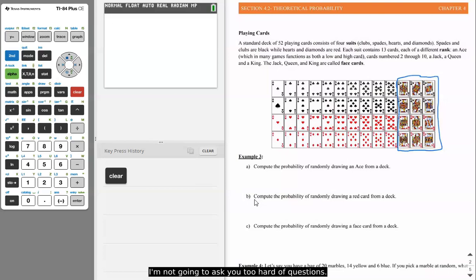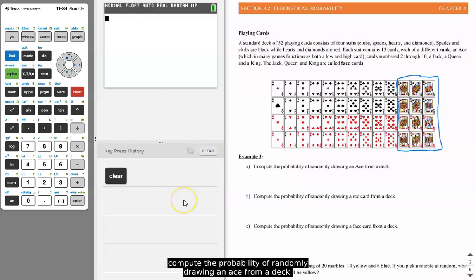So I'm not going to ask you too hard of questions. We'll go through and just look at how we can find these theoretical probabilities. Example 3 says, compute the probability of randomly drawing an ace from a deck. An ace is these 4 here. So the probability of an ace, my denominator is always going to start with 52, and I have 4.